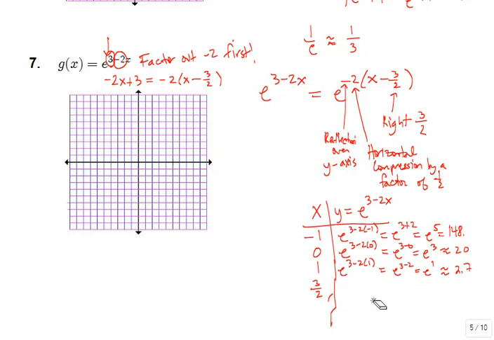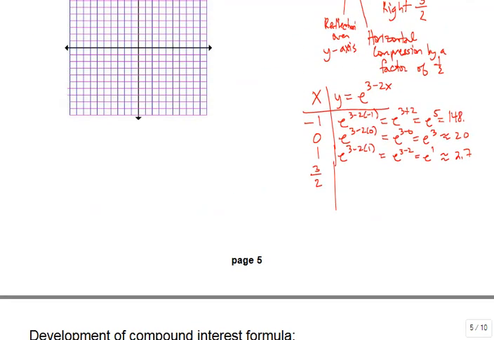Now let's plug in our 3/2 value. So I'm going to plug in e to the 3 minus 2 times 3/2. The 2's will cancel, so I'll get e to the 3 minus 3, which is e to the 0, and e to the 0 is 1. So that's a nice value. Let's see if we can get one more x value that works, and I'm just going to go up to the x value 2.